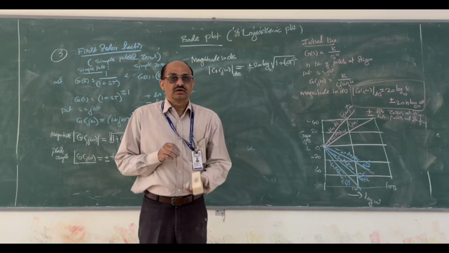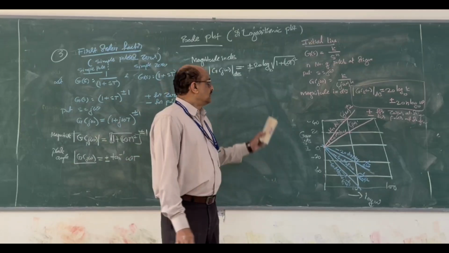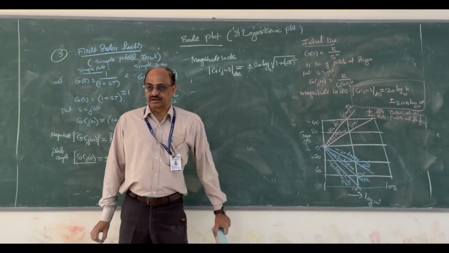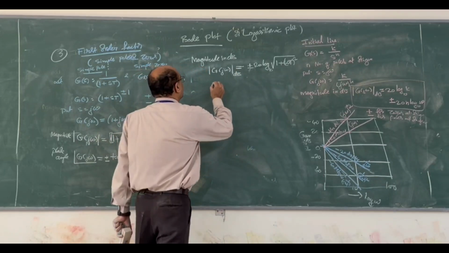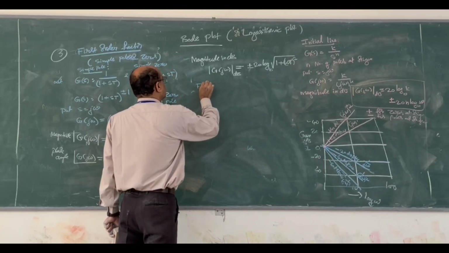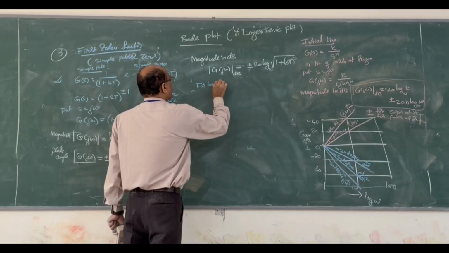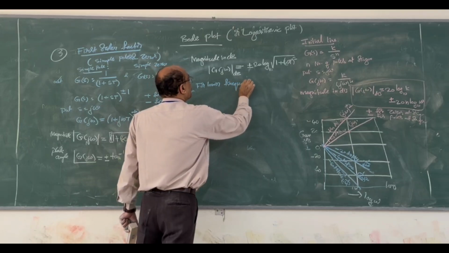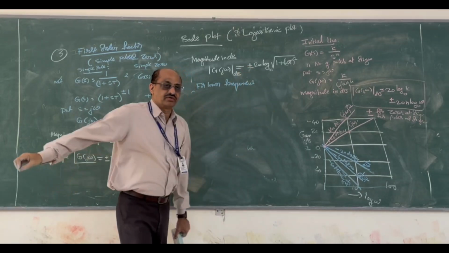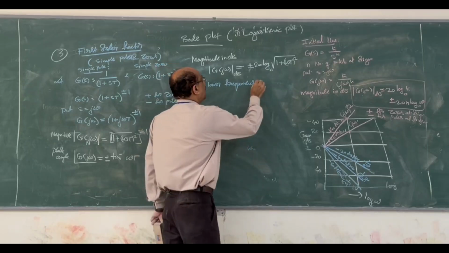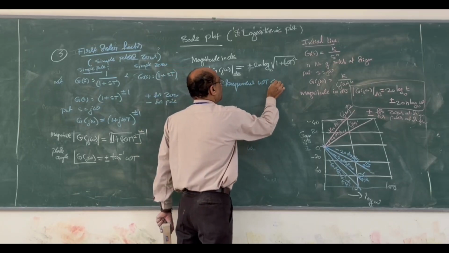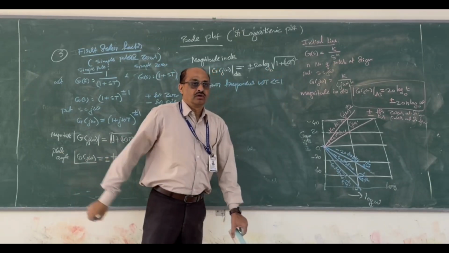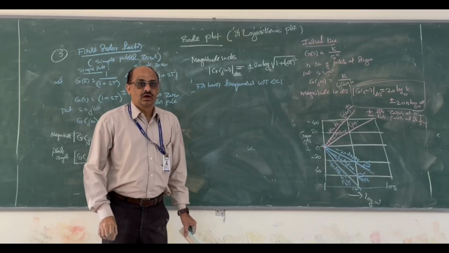Now to represent this with a straight line, we will take that for lower frequencies, omega T is far less than 1.